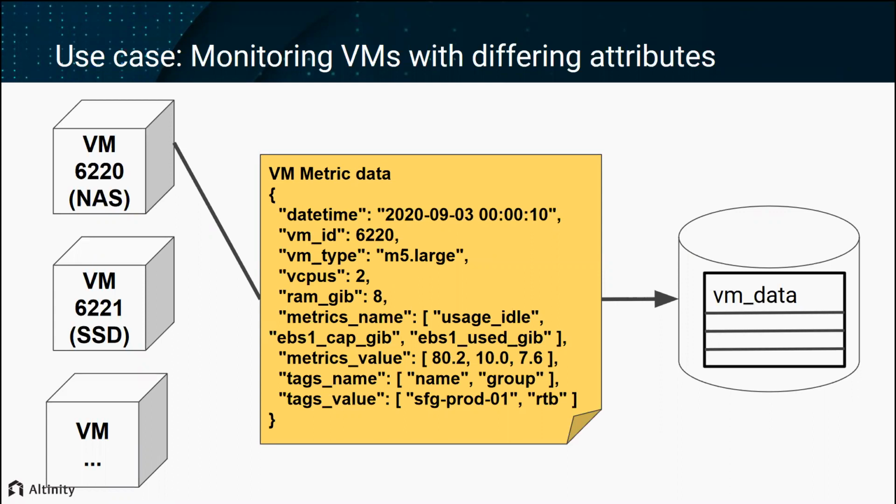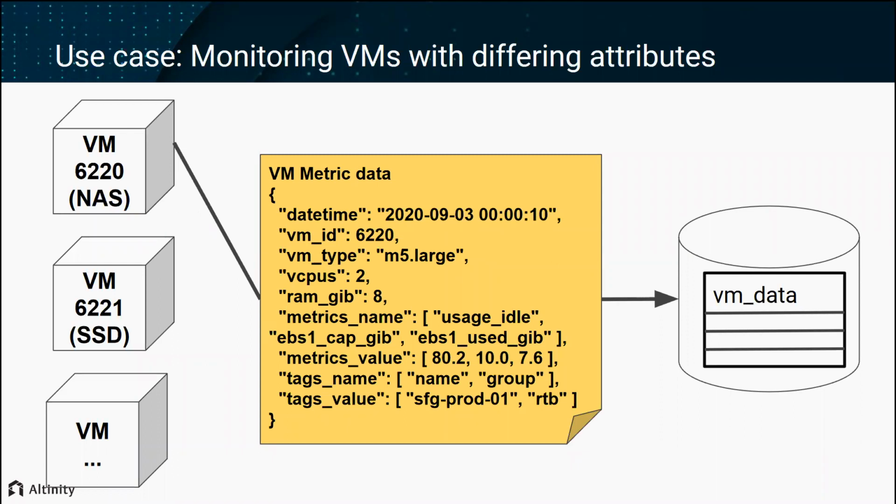And here's an example. This comes up when you're monitoring VMs. Let's say you have a bunch of them running in Amazon. You're collecting metric data. When you're monitoring the VMs, you have some fixed header information, like when did you do it, what's the ID of your VM, what's its type. But then as you dig deeper in, you're going to have a lot of information that's represented as key value pairs.